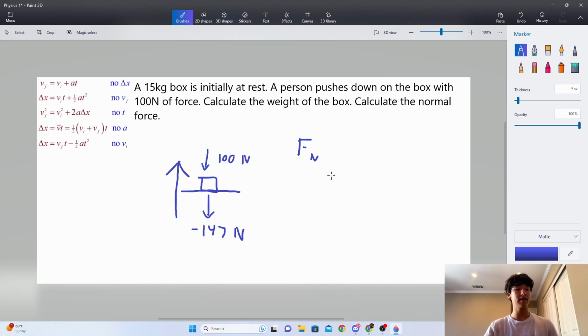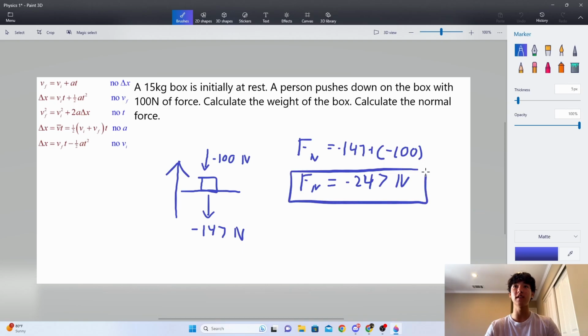So basically, normal force is kind of like friction. We're opposing the downward force of the box into the earth, so the earth is opposing equally that amount of force back into the box. So all it is, and this should be negative 100, so we can just add negative 147 and negative 100, which is equal to negative 247 newtons. And that is our normal force.